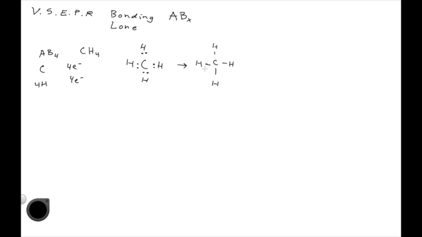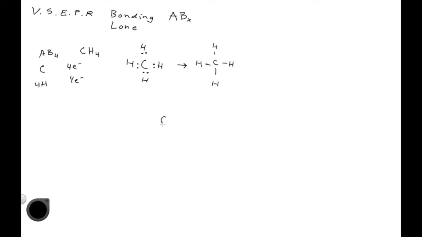So, in order to maximize the distance between each electron pair, the bonding pairs arrange themselves so that instead of 90 degree angles between them, there are 109.5 degree angles between them, and therefore they form a tetrahedron.